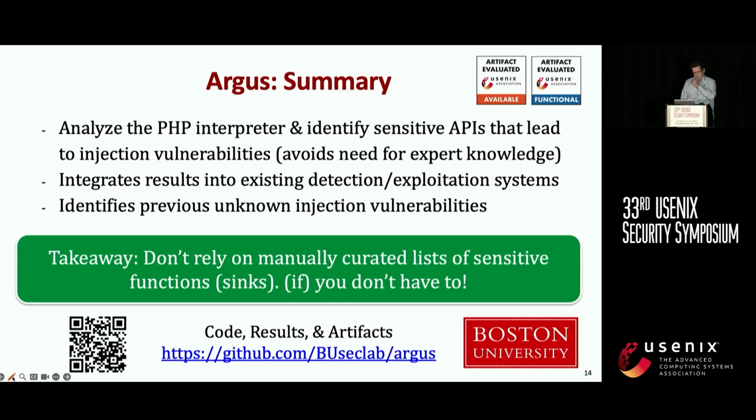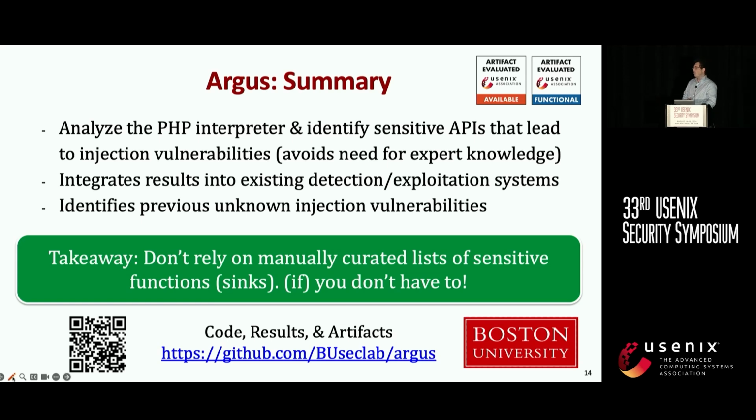In summary, Argus analyzes the PHP interpreter to build a call graph to identify APIs that lead to injection vulnerability inducing internal functions. By integrating those new sets of sinks, so those newly identified API functions, we can improve existing vulnerability detection and exploitation systems to come to concrete new security benefits.